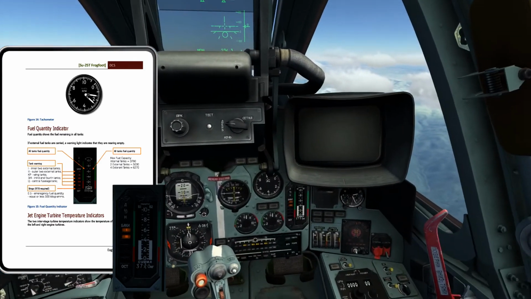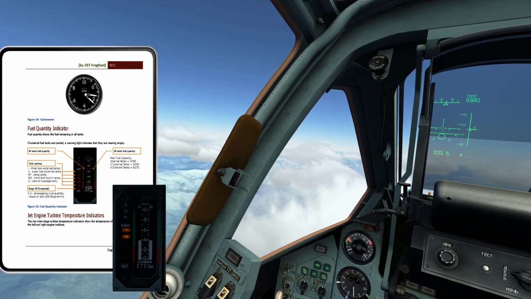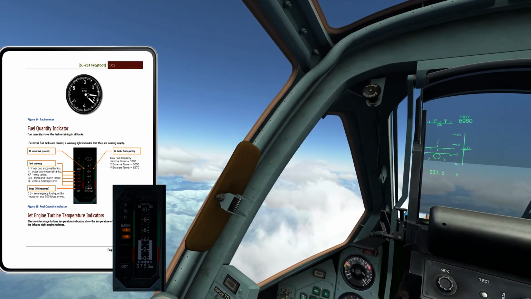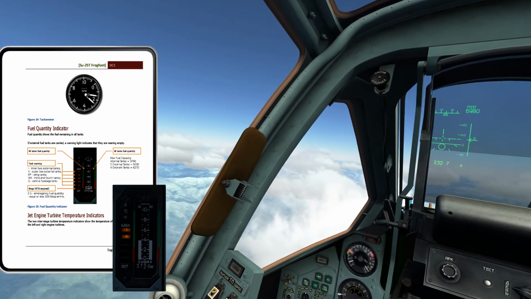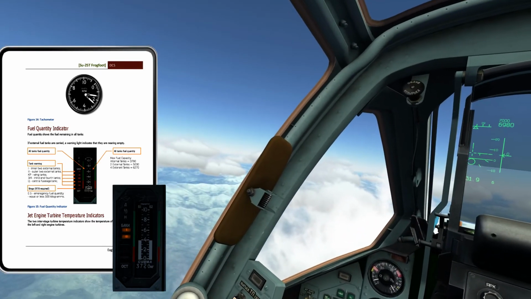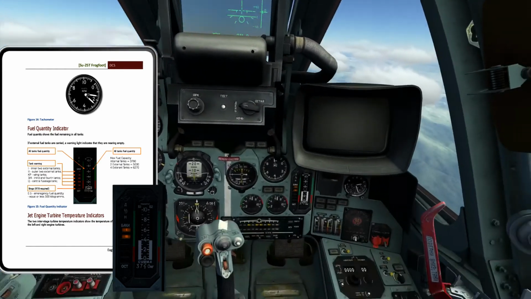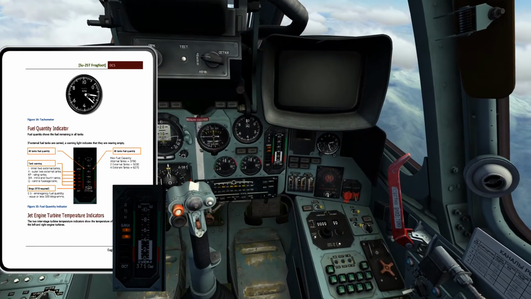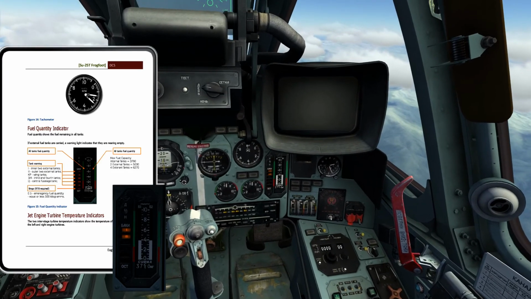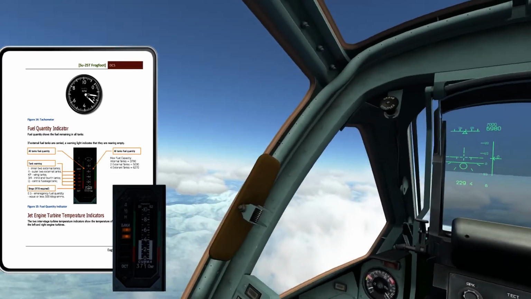When 1 is on, as we have now, the inner two external tanks are nearing empty. When 2 is on, as we also have now, the outer two external tanks are showing empty, as you see. So basically, both of our wing tanks are empty or near empty.